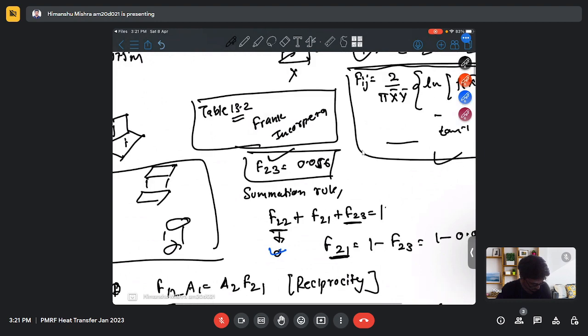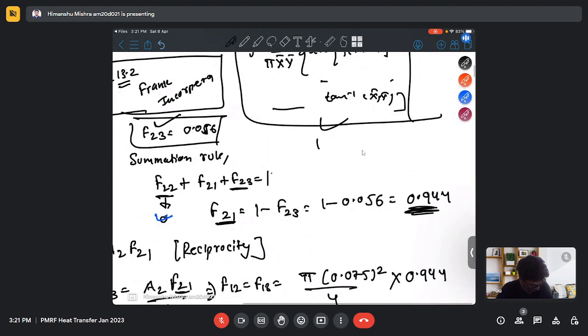So we have a shape factor F23, which is 0.056, which I get from the empirical correlation, because we don't have any idea about the shape factors initially. There's nothing given in the question, and therefore it is better to find them either using a graph or by using the empirical correlation.